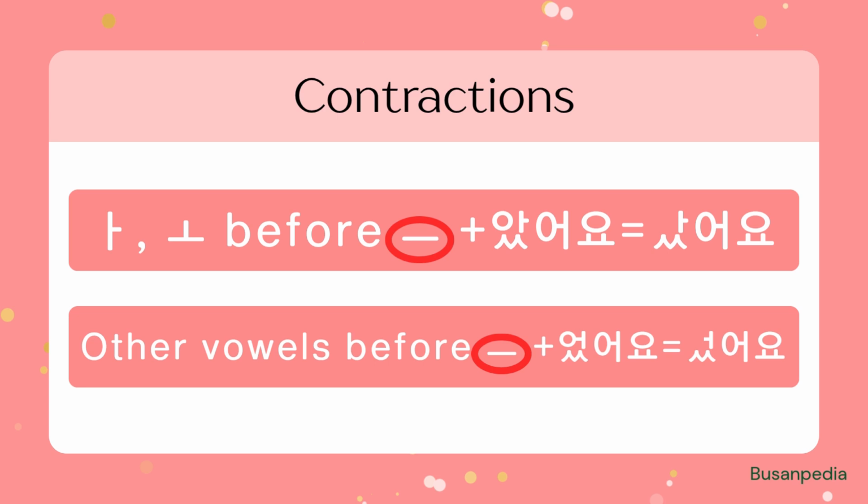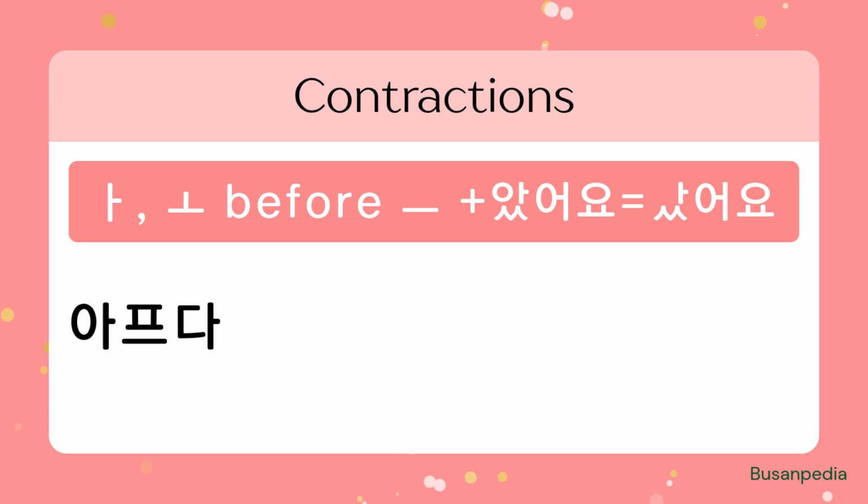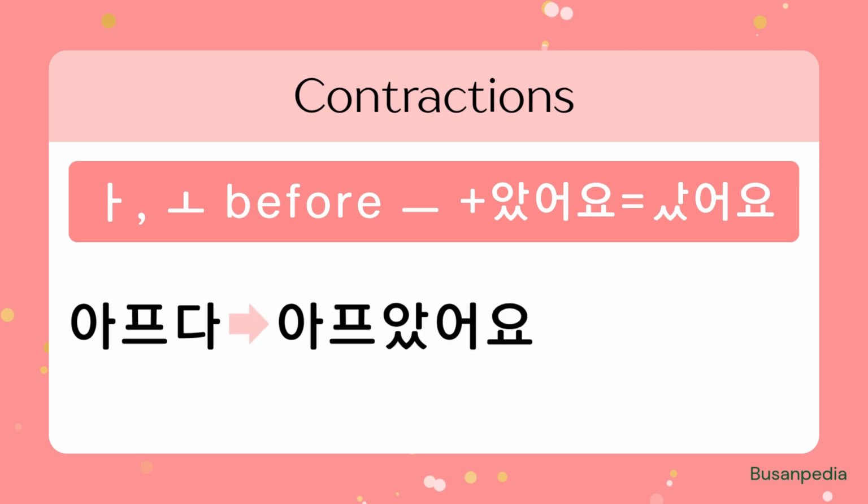This one is a little more complicated. When the last vowel is 으 and there is no 받침, it can go two ways. If the vowel before 으 is 아 or 오, you add 았어요, and the 으 in the stem drops during contraction. For example, 아프다 has 아 before 으, so it takes 았어요, and then contracts to 아팠어요.